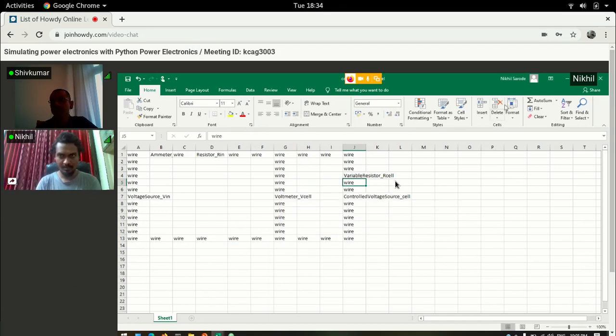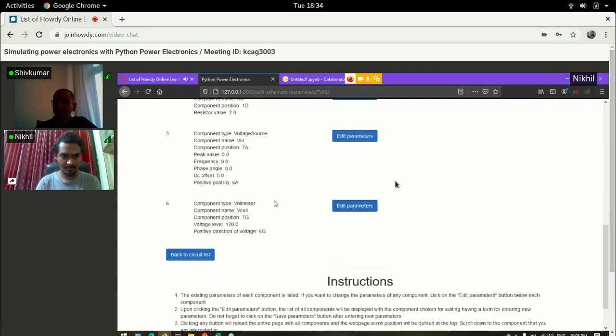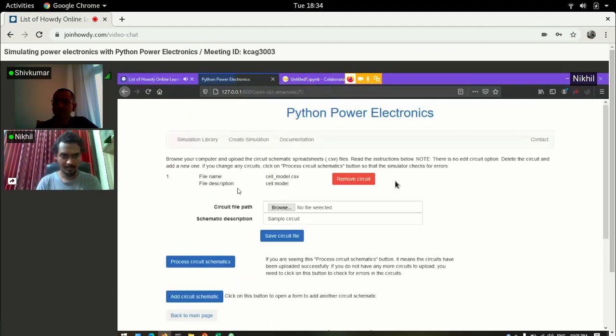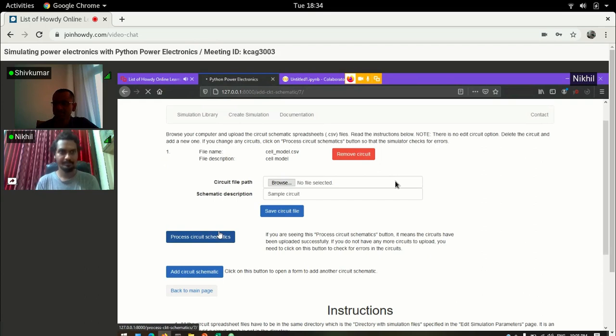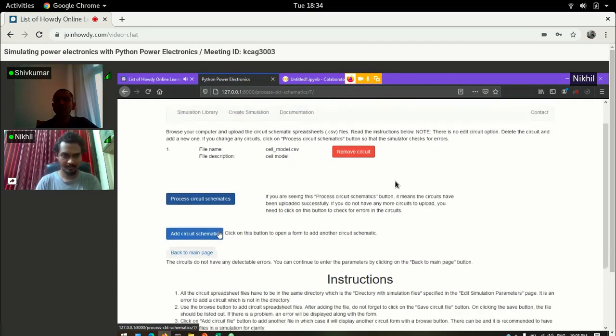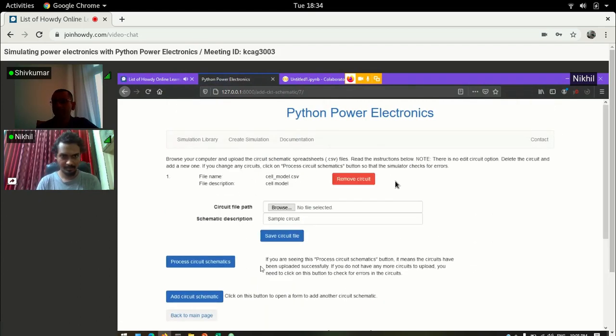So now you have to go back to your simulator and go back to the add circuit page, and you have to process your circuit schematic again because you have made a topological change. Yeah, so you can go back now, edit this. No, actually edit circuit parameters.